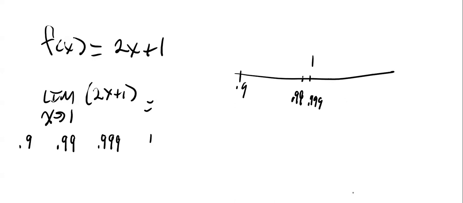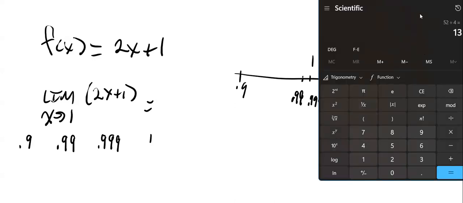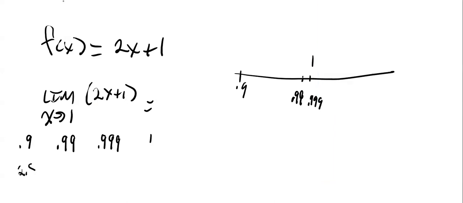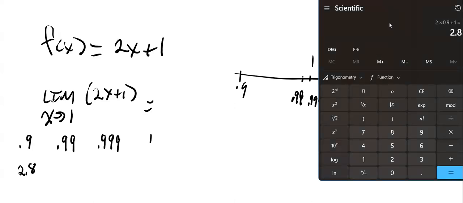So let me quickly do that with my trusty calculator. 2x plus 1, that means 2 times 0.9 plus 1. So 2.8 is our first value here. Now I'm going to go a little closer at 0.99. In other words, it's 1/100th of a unit away from the left. I'm taking this function, 2 times, and then I'm plugging in this for x.